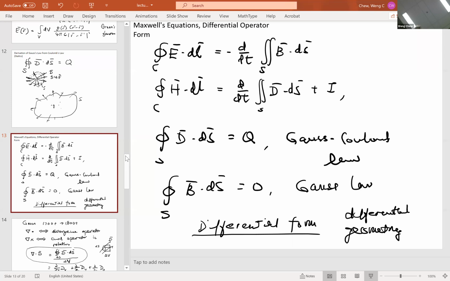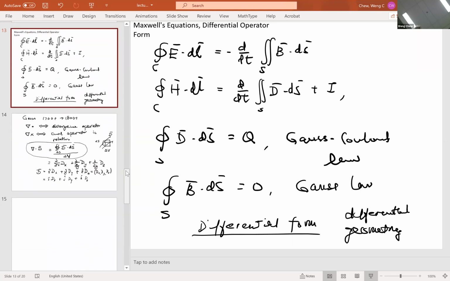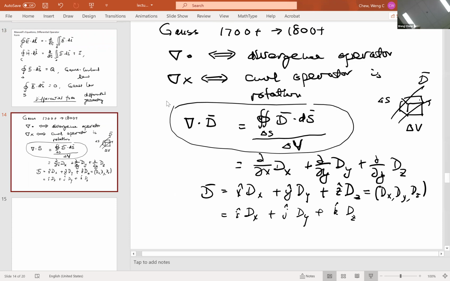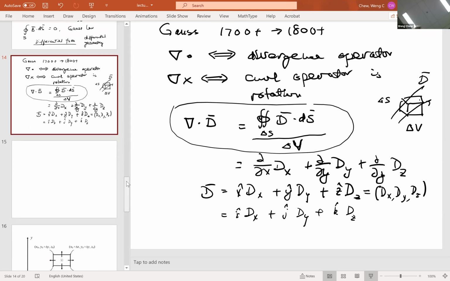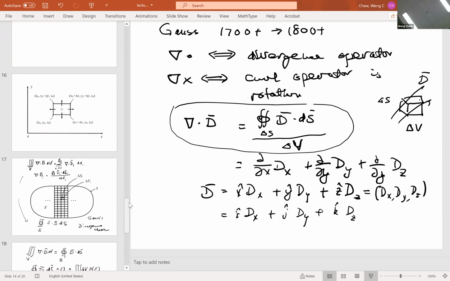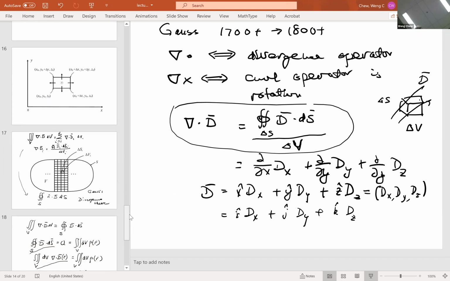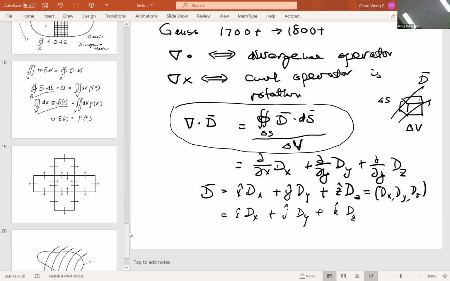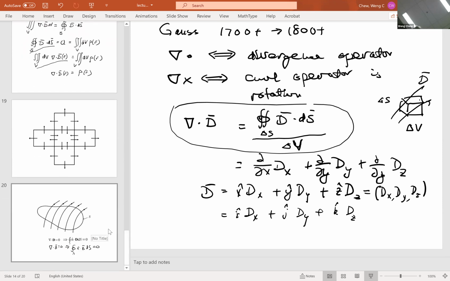So we would like to derive Maxwell's equations in differential operator form. So we started to derive what the divergence is. And then you can go through the same exercise and derive what the curl operator is. It's done in the lecture notes, but you go through the same thing, and you find that curl is defined to be something else.